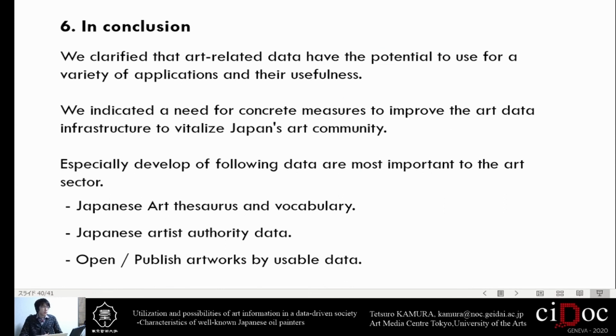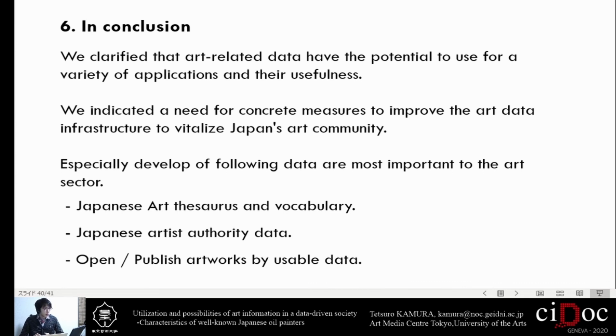Conclusion: we clarified that art-related data have the potential to be used for a variety of applications, and their usefulness. We indicated a need for concrete measures to improve art data infrastructure to vitalize Japan's art community.